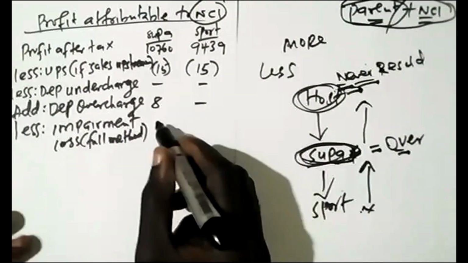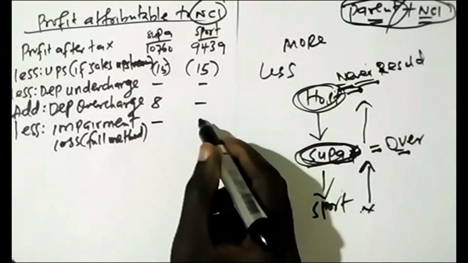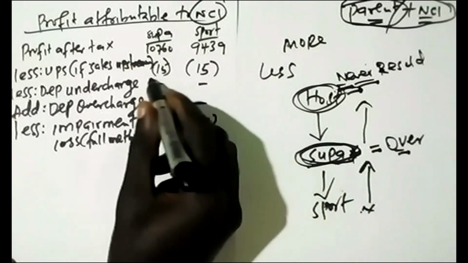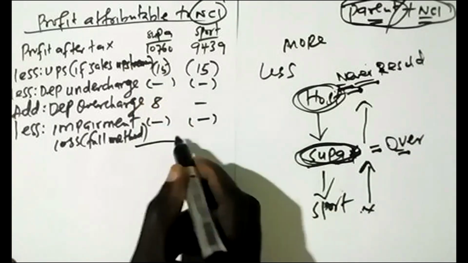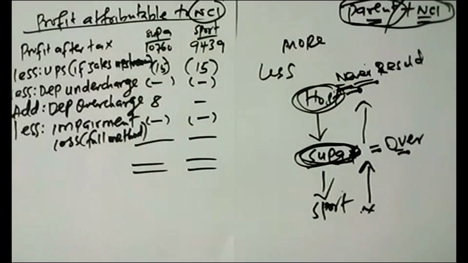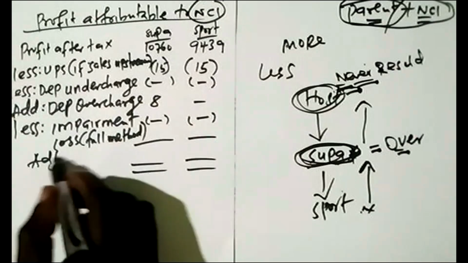Then remember that when we're doing goodwill, we never use the full method, we use the partial. So give me the answers. So this is the adjusted profit.